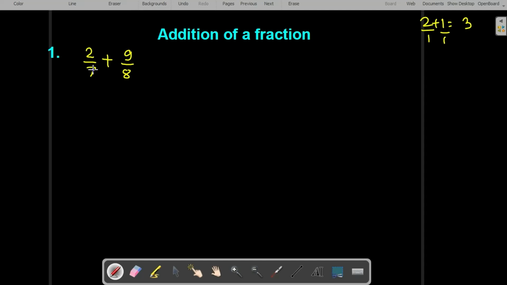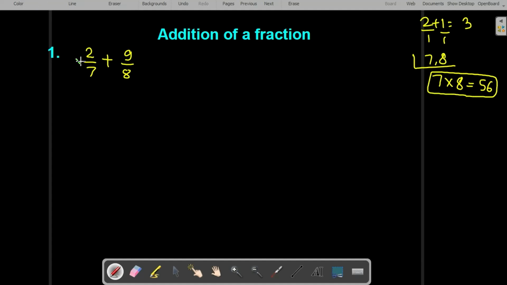So whenever you see the question, you have to identify the denominators and then find the LCM of the denominators. So the LCM of 7 and 8, since they don't have a common factor, we can simply multiply them to get the LCM, which is 56. That means each denominator should equal 56.